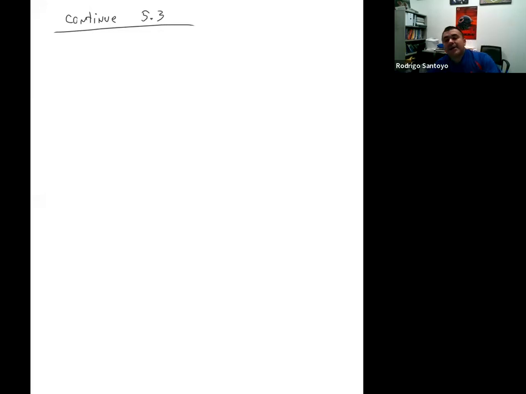Synthetic division as a possibility to divide polynomials.